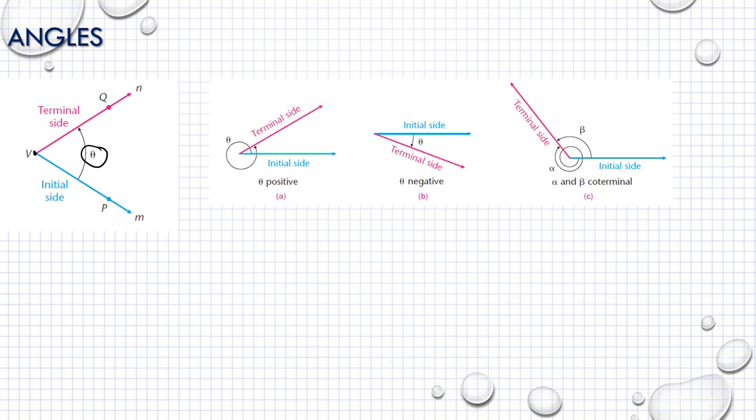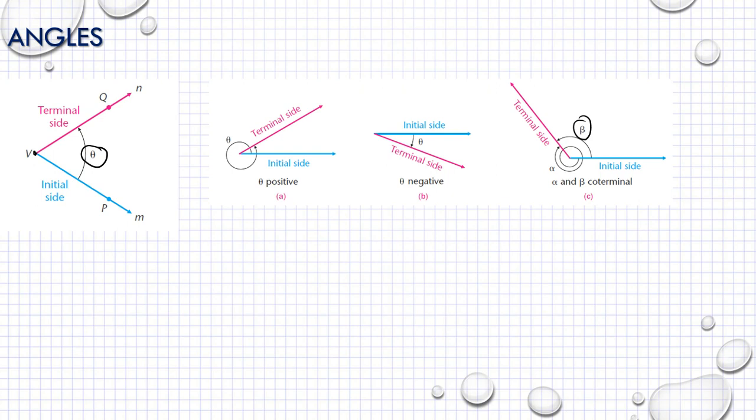And as you can see, it is counterclockwise. So when it is counterclockwise, then it is positive, as you see here. But if it is clockwise, then it is negative. And all angles have coterminals. For example, the beta here, the beta is your angle.